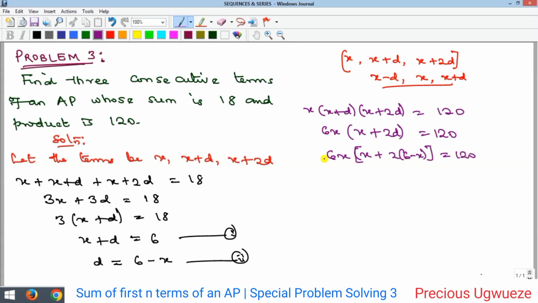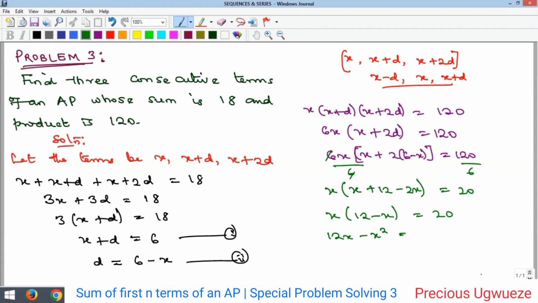Here we can actually divide both sides by 6, and if we do that, we are going to have x into x plus 2 into 6 minus x, equal to 20. If you open this bracket, you will have x plus 12 minus 2x, and if you subtract, you're going to have minus x. So this will give us x into 12 minus x is equal to 20. If you open up this bracket, we'll have 12x minus x squared is equal to 20.